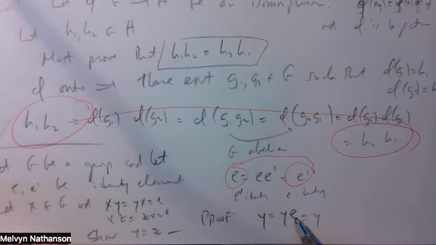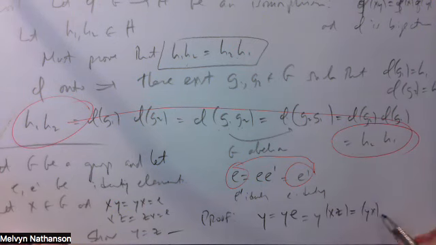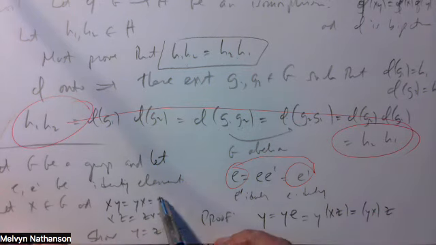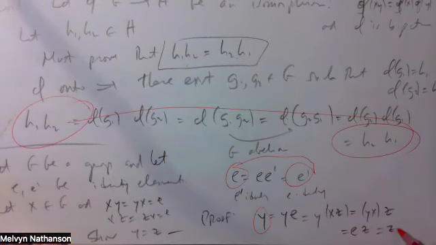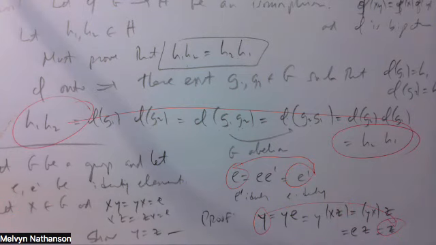But the identity can be written as x times z, because z is an inverse of x. And because group multiplication is associative, this is the same as yx times z. But yx is the identity, and e times z is z. So if two different elements in the group act as the inverse, they have to be equal. So every element in a group also has a unique inverse.